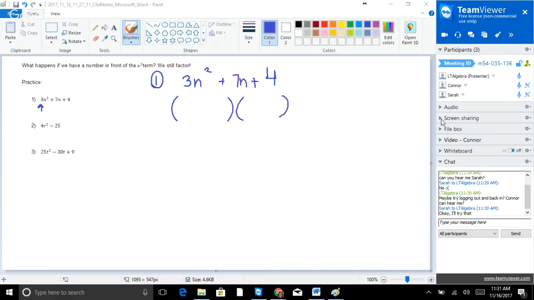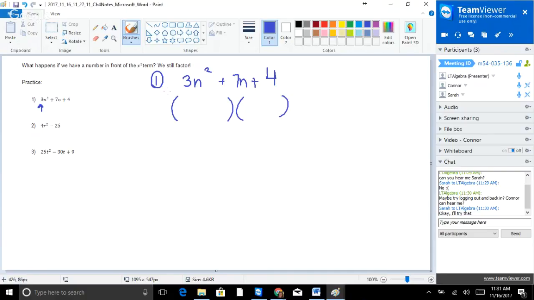Hello, Sarah. All right. So we are going to factor, but what happens when they throw this number in the front? Then we just have to think a little harder. That's basically what we have to do. So we have a 3n squared in our first position here, right? So when we think of unfoiling, we have 3n squared.